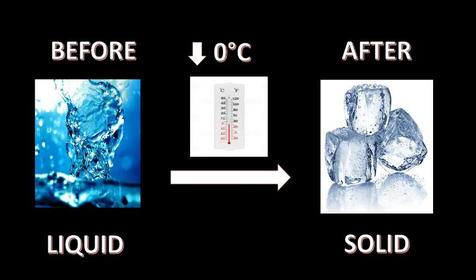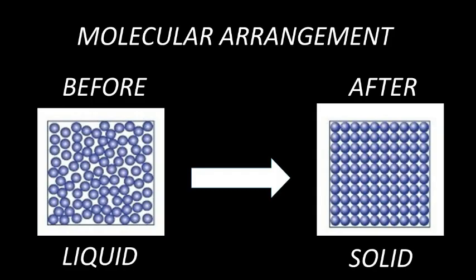When water is exposed to a certain temperature which is below 0 degrees Celsius, water will start to become solid. And as you can see, there will be changes of molecular arrangement for this particular matter.